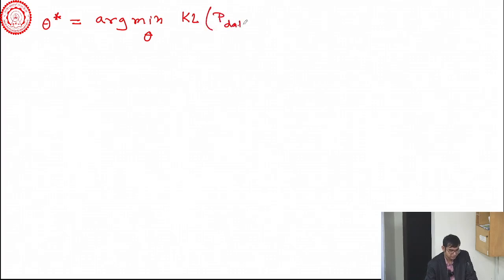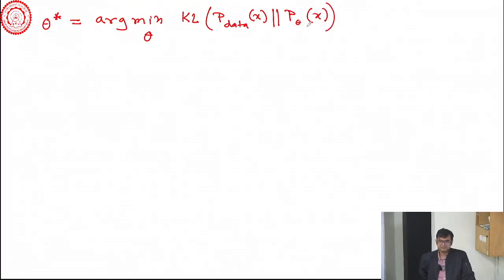So theta star means the optimal one is equal to, you will like to minimize over theta the KL divergence between P of data X, P of theta X.